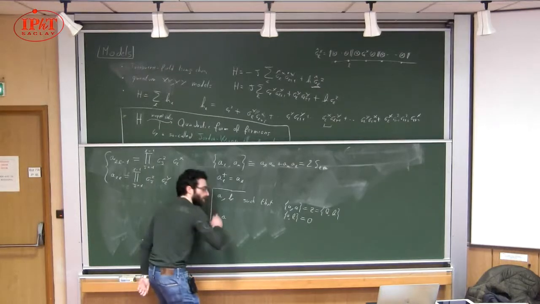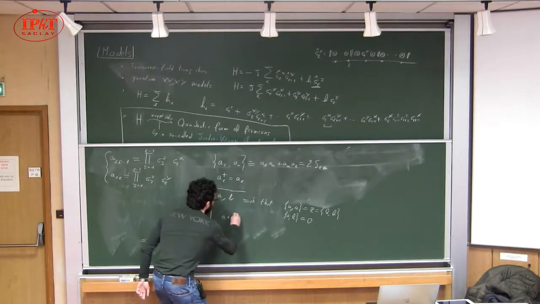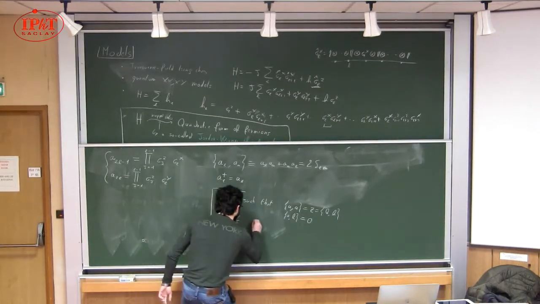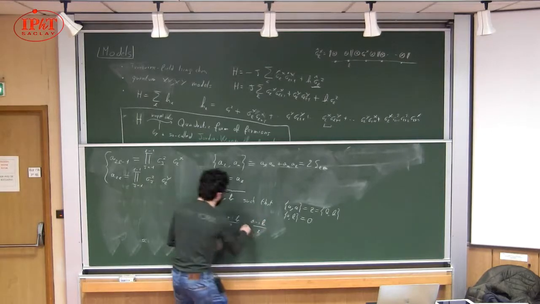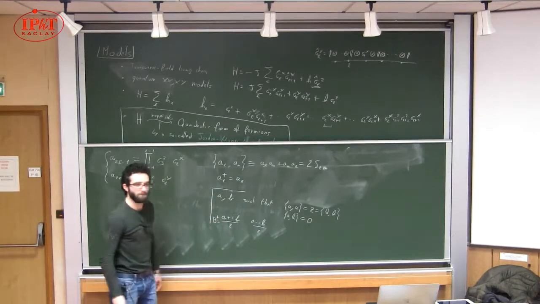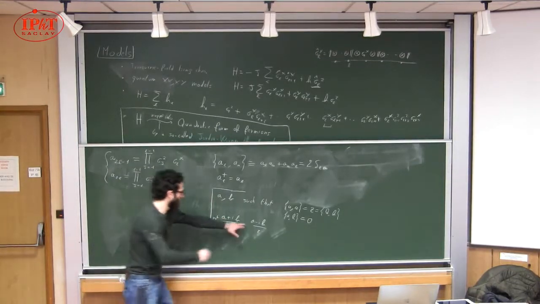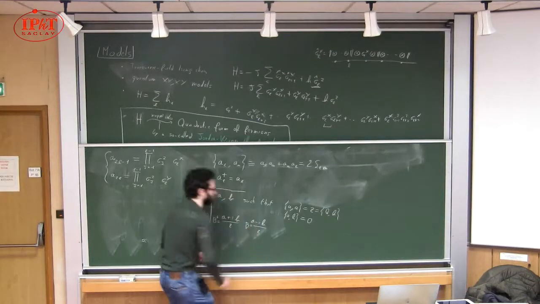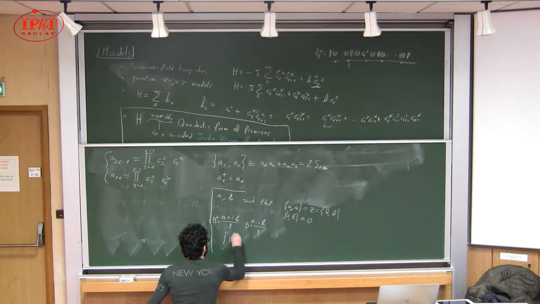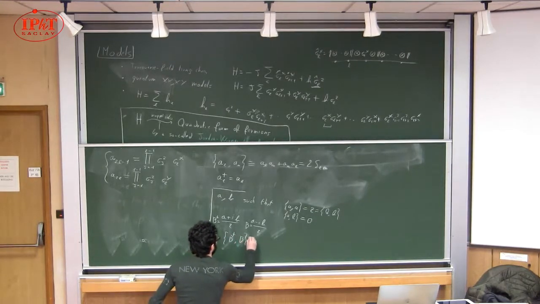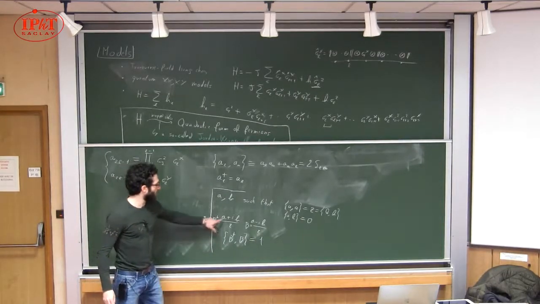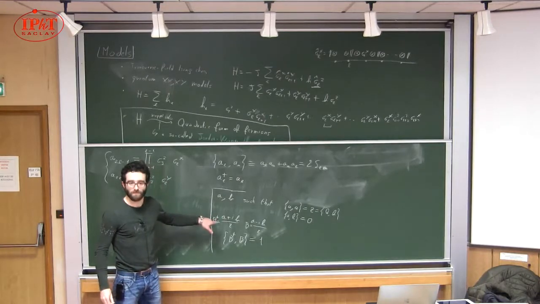We just consider the linear combination (A plus iB) divided by 2, and (A minus iB) divided by 2 is the conjugate. So you define this operator b in this way. What you can check is that b dagger b plus b b dagger is equal to 1, like for fermions. And you can also check that b squared is equal to 0.